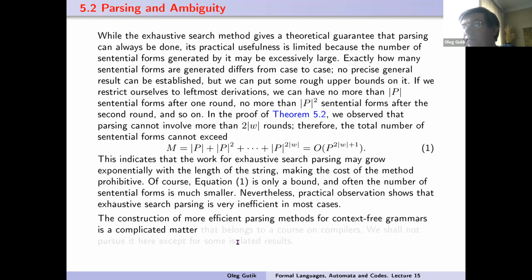The construction of more efficient parsing methods for context-free grammars is a complicated matter that belongs to a course on compilers. We shall not pursue it here except for some isolated results.